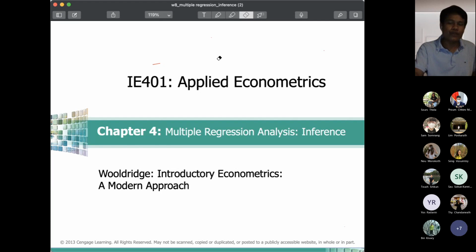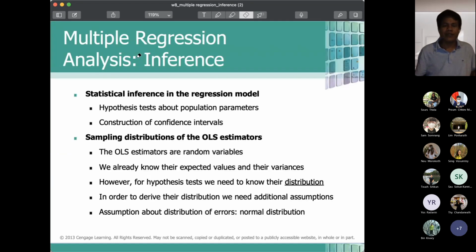All right. So today's lecture is the first part of multiple regression analysis inference. It's only the first part. So for today, we want to make statistical inference. Again, when I say inference, it means that you want to say something about the population as a whole.